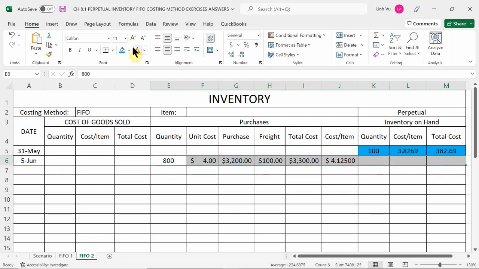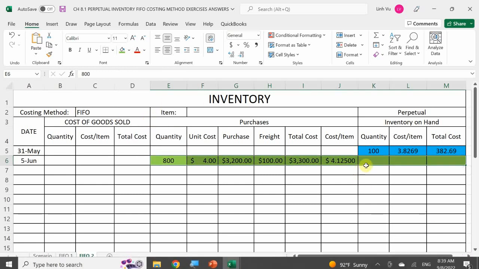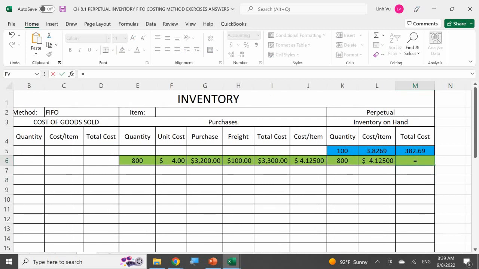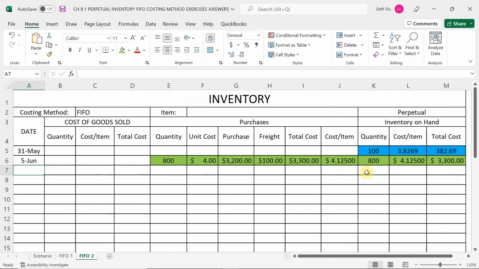Let's work backwards now. Let's call this my green batch. Now this is where you can also do your equal sum here to get the grand total of your goods available.